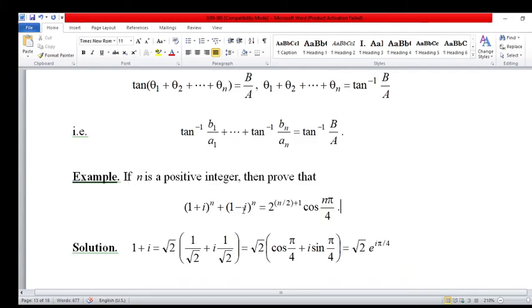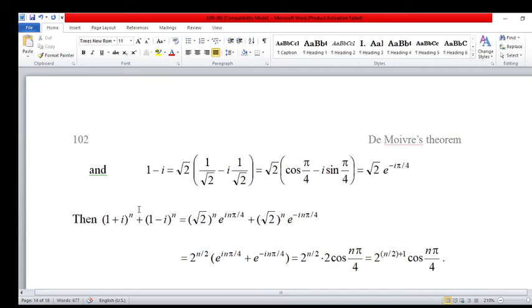Left hand side: (1 plus i) to the power n plus (1 minus i) to the power n. This is under root 2 to the power n, and this is e raised to the power i n pi/4. This is under root 2 raised to the power n, e raised to the power minus i n pi/4.